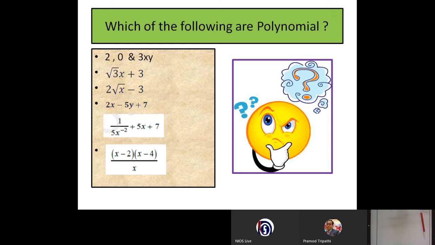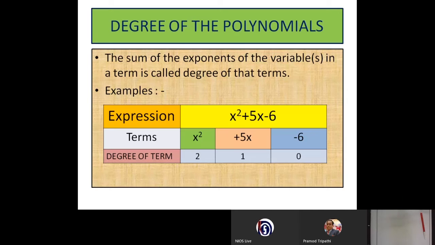Now we can take up the degree of the polynomial, the important part. First of all, the important part was whether it is a polynomial or not. Now we come to the degree of the polynomial. So what is the degree of the polynomial here?